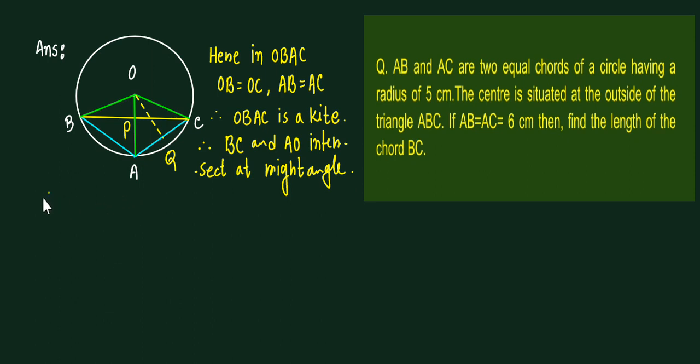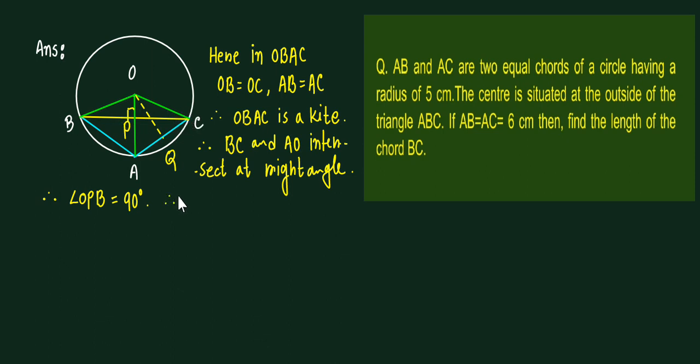Therefore angle OPB equals to 90 degree. If angle OPB is 90 degree, then OP is perpendicular on BC, and BC is a chord.